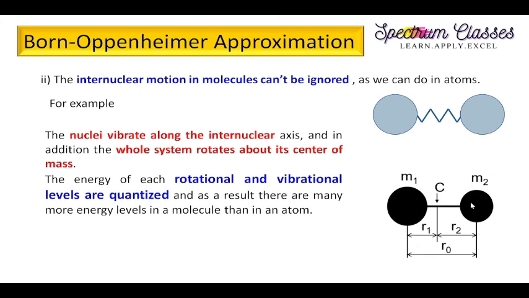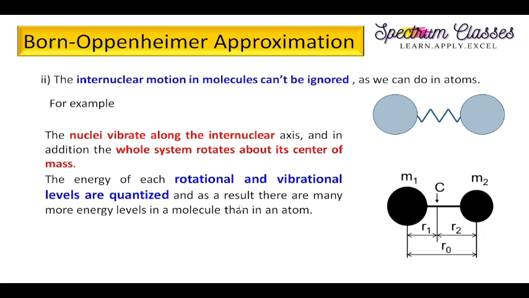This point we are going to discuss in rotational spectroscopy, and the vibration in detail in vibrational spectroscopy. The energy of each rotational and vibrational level is quantized, and as a result there are many more energy levels in a molecule than in atoms.